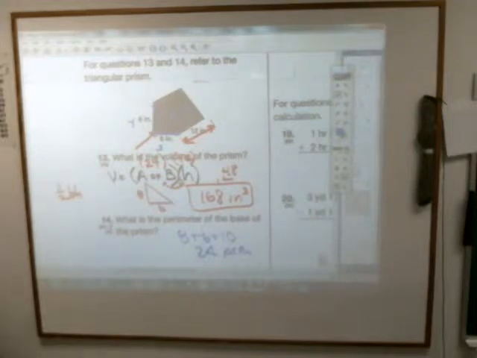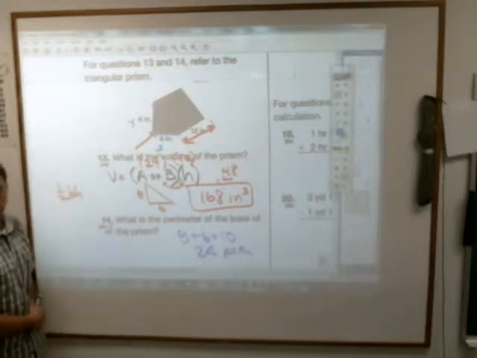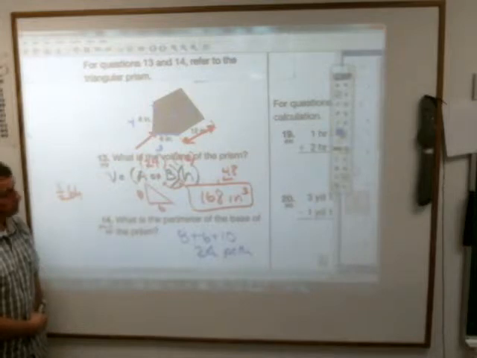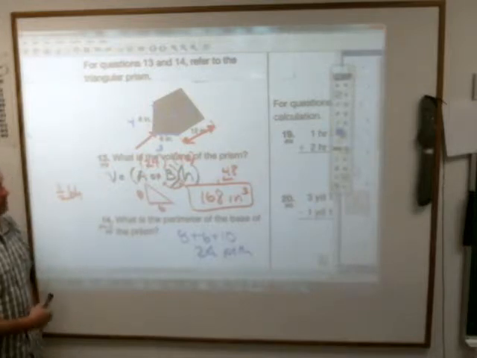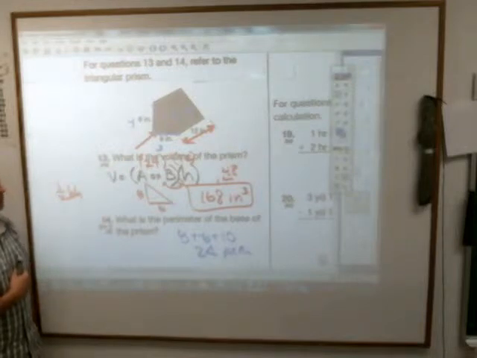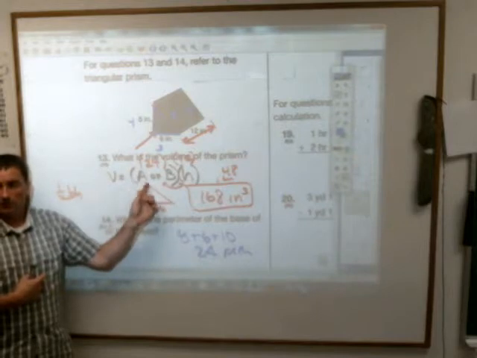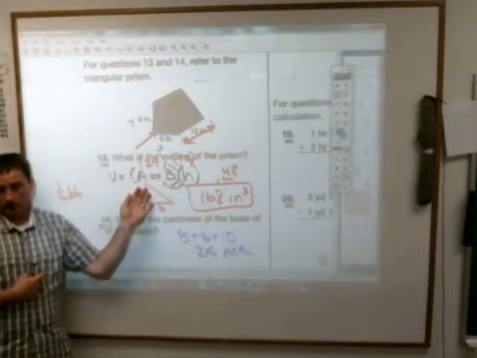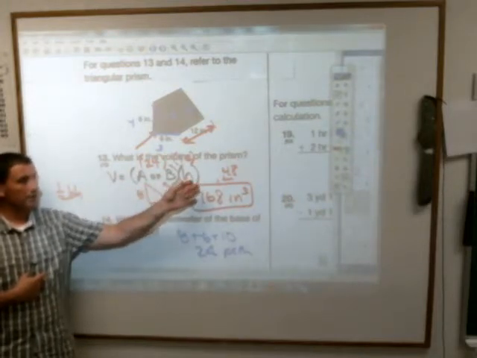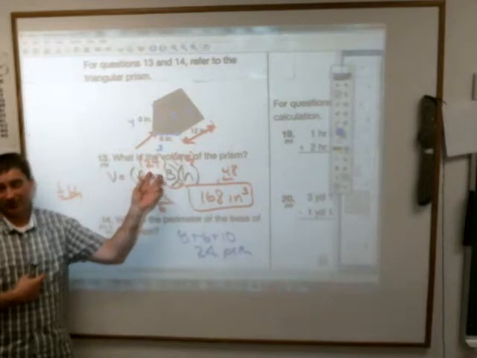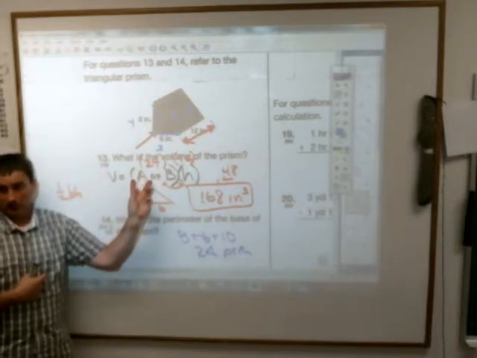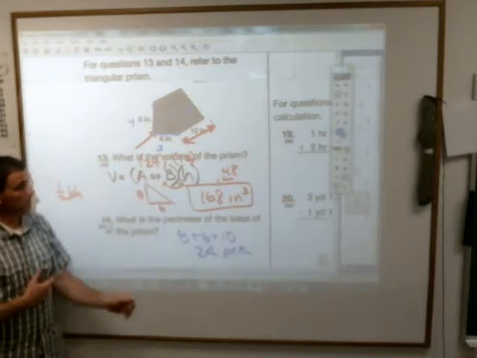Kendall Howell. For 13, can you write out like the volume equals the numbers in it? Are you asking if you can do it? Or like, could you? Because I'm confused. You don't know how to find the area of a triangle? I don't know what you're confused about. You don't know why the height is 12, or you don't know how to find the area of a triangle? Like the numbers, where do the numbers go?